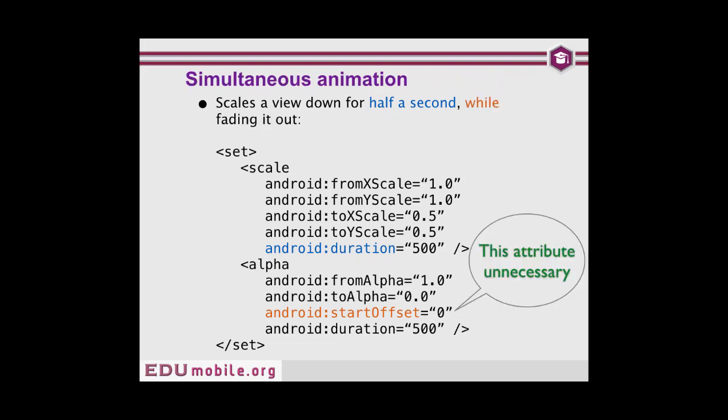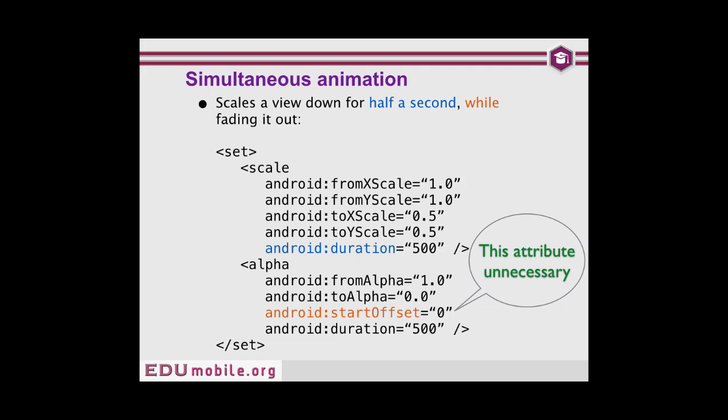So we can also animate simultaneously. This would scale a view down for half a second, exactly as we did before, while fading it out. So the scale animation from X and Y 1 to X and Y 0.5 scales it down by half over a duration of half a second.